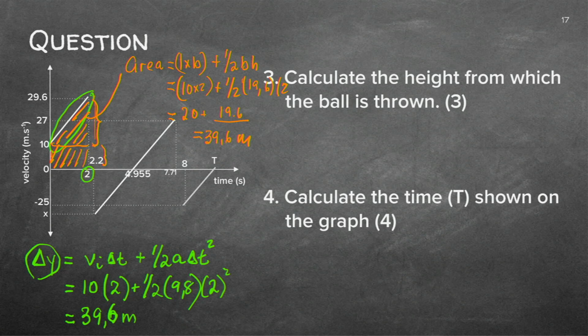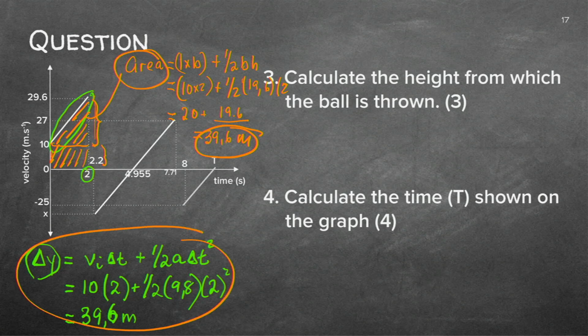So, do you see, either using the area calculation or your kinematic equations of motion, you'll get exactly the same answer. So my answer to the height was, the building is 39.6 meters. They then asked me to calculate the time t, and you can see here I now am going to use that portion of my graph.